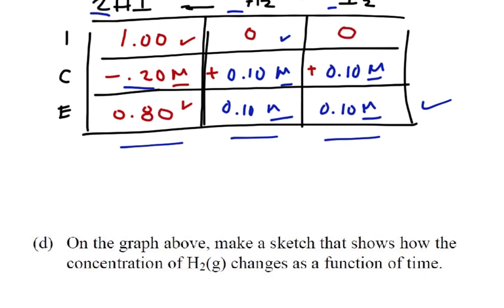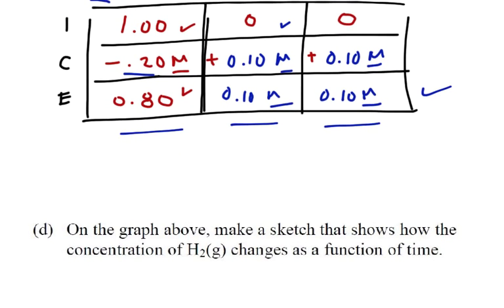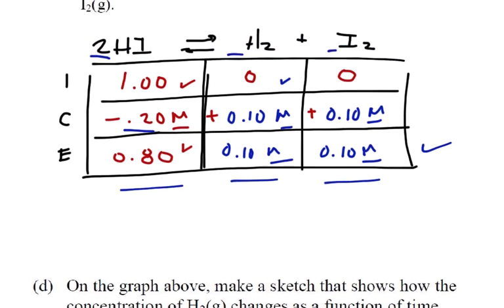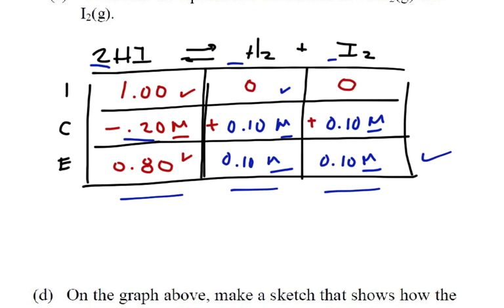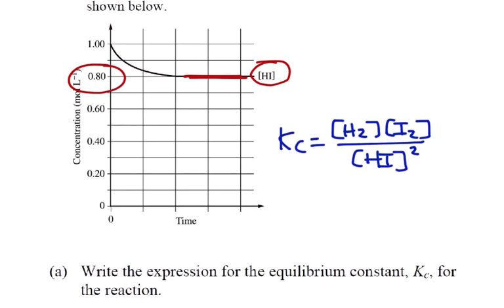Now we're going to go back and say, okay, on the graph above, make a sketch that shows how the concentration of H2 changes as a function of time. H2 is 0.10 molar. So we're saying as this reaction goes, we're going to end up with 0.10 molar. So when the HI concentration is 0.8, this becomes 0.1. So starting from 0, it's going to come up to 0.1.